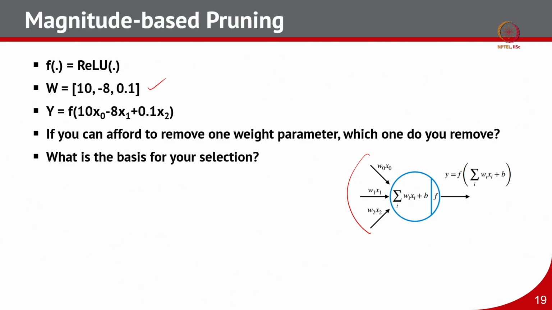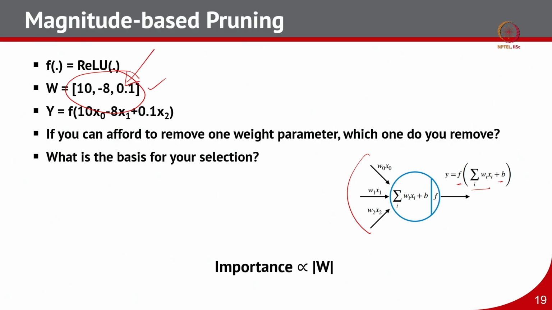Since this is just a perceptron, we can compute it as the summation of Wi xi plus the bias term, and on top of that we apply the nonlinear function. Now if you can afford to remove one weight parameter, which one should we remove? Of course, if we want to remove based on the weights, we will remove the weight which has the lowest value.